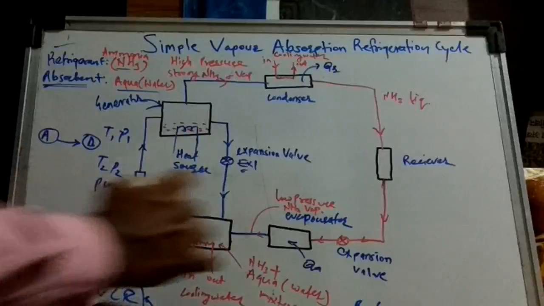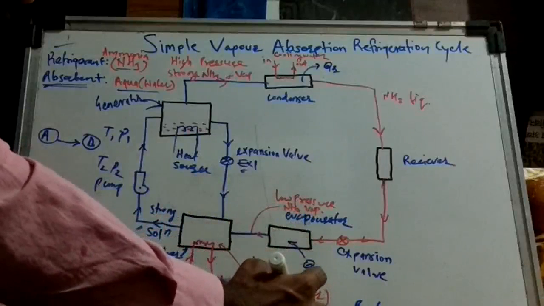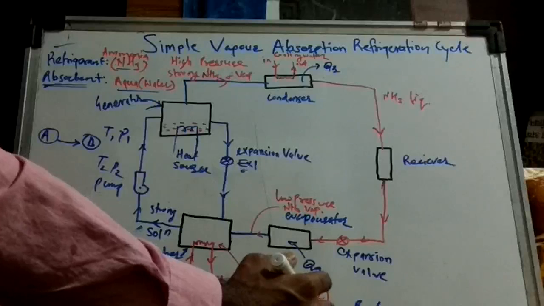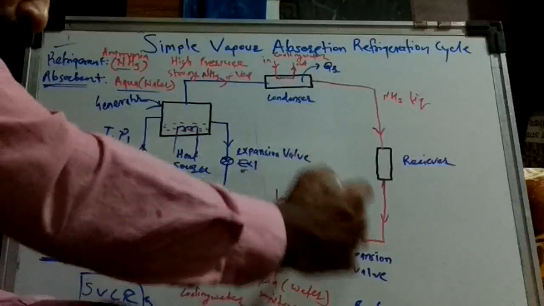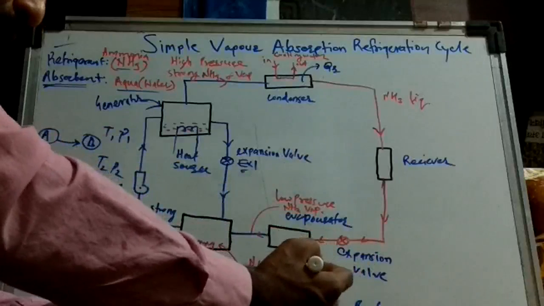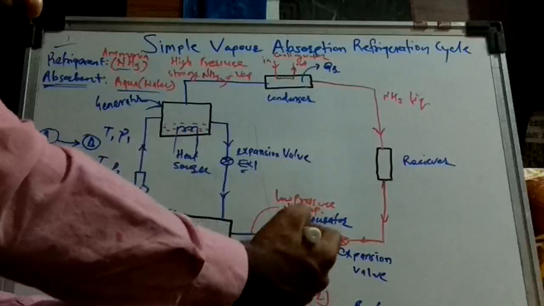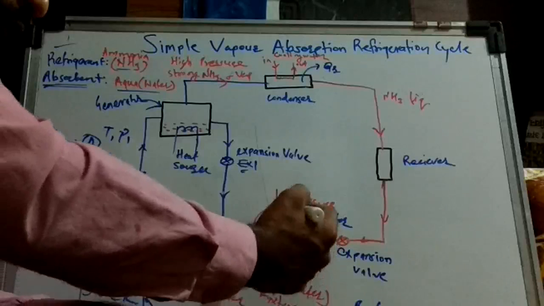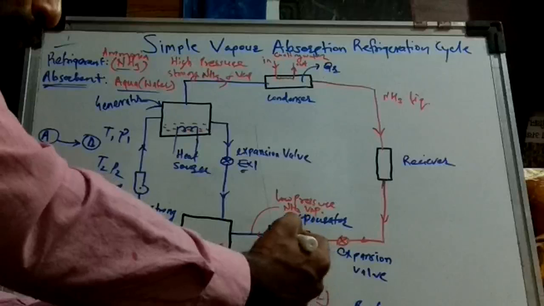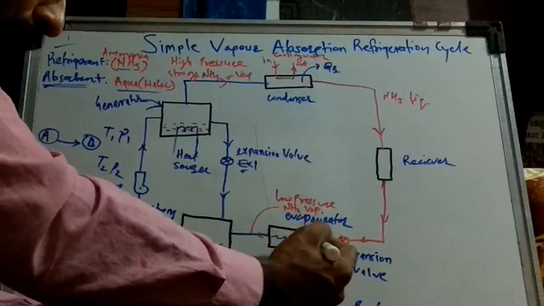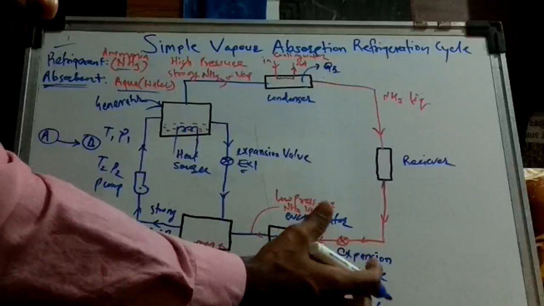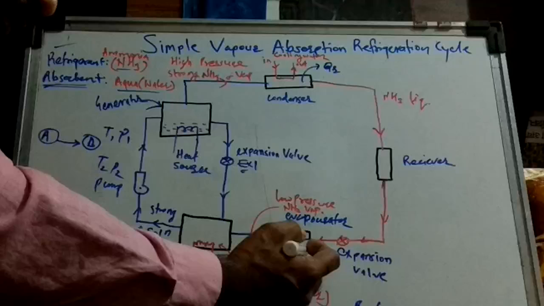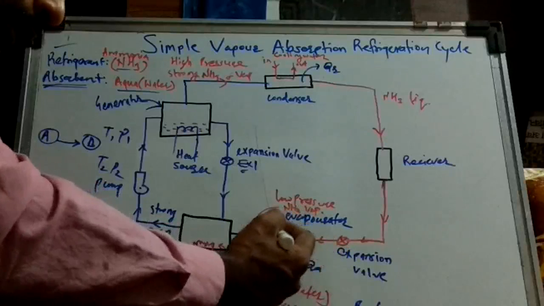Now let's start from the evaporator. We already know that the basic function of the evaporator is to absorb heat from the surrounding medium, whatever the medium present. The refrigerant flowing through the tubes of this evaporator will absorb heat from the surrounding medium and get converted into vapor.